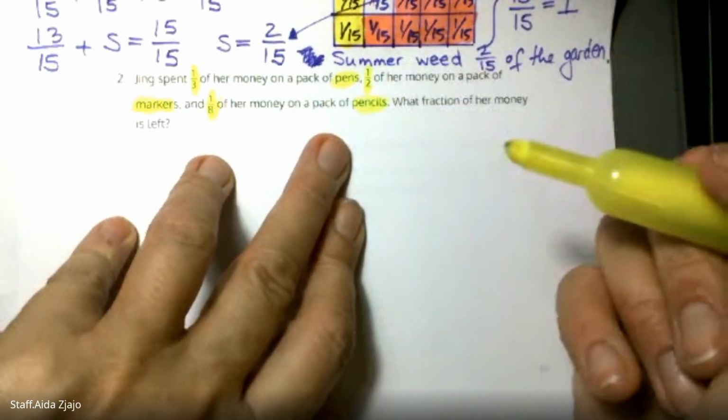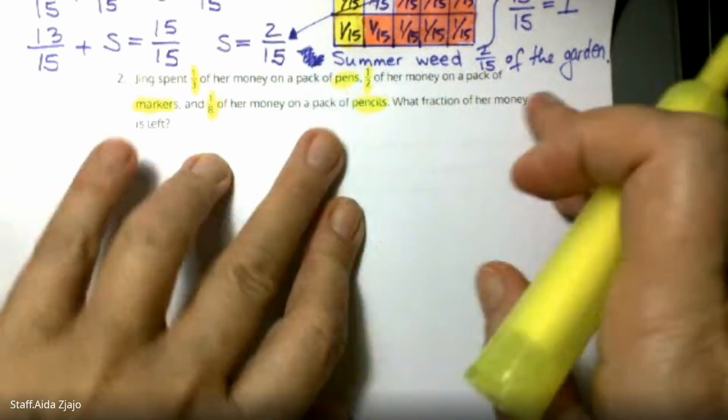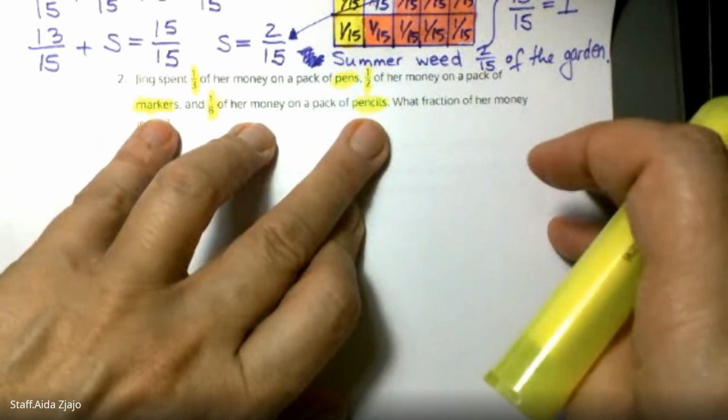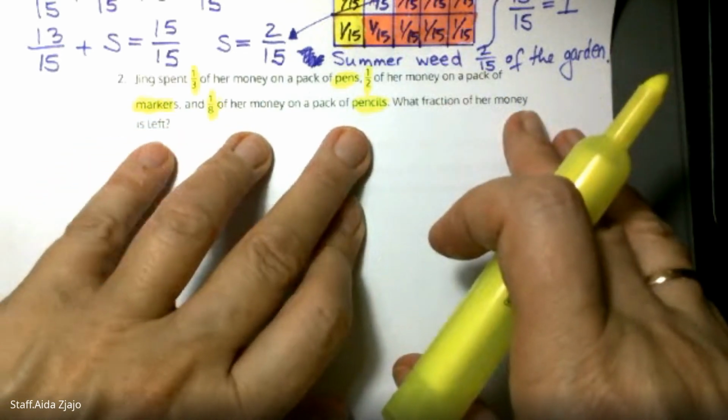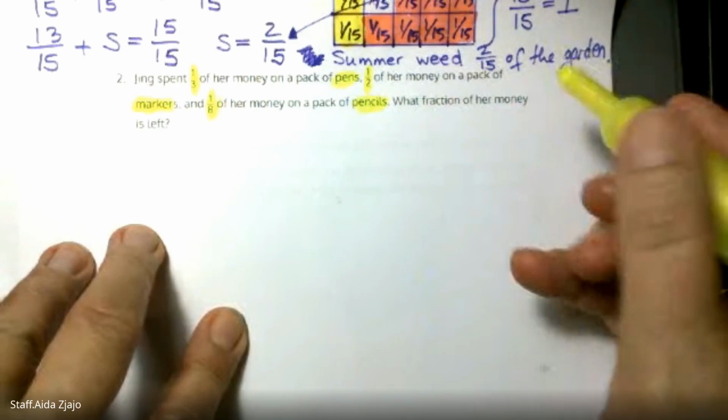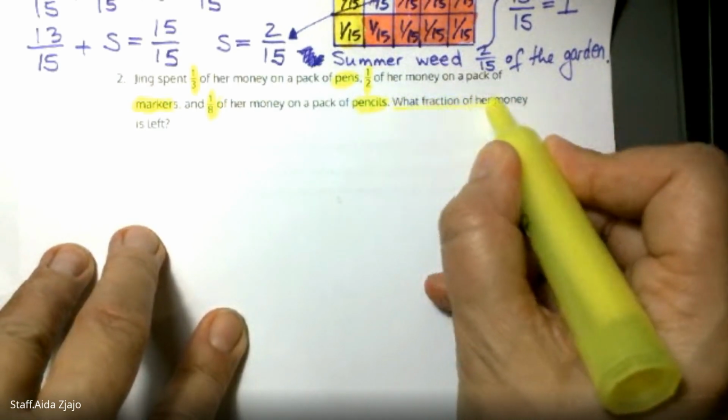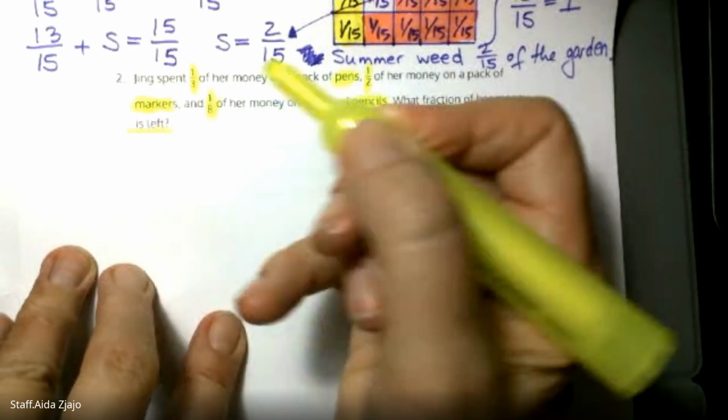So what she bought is pens, markers, and pencils. What fraction of her money is left? That's the question. What fraction of the money is left?